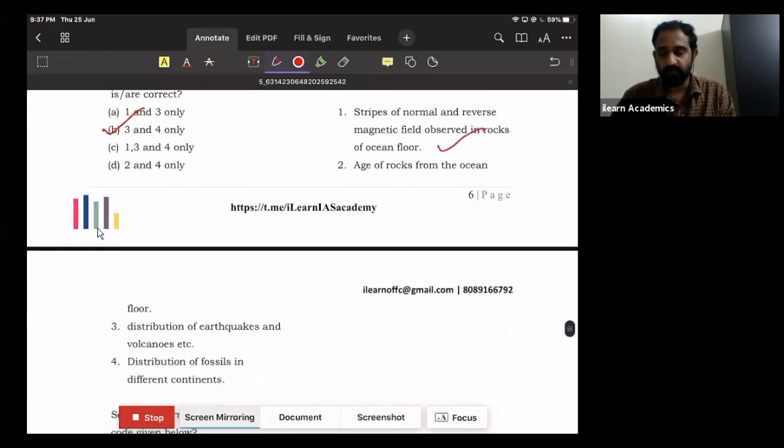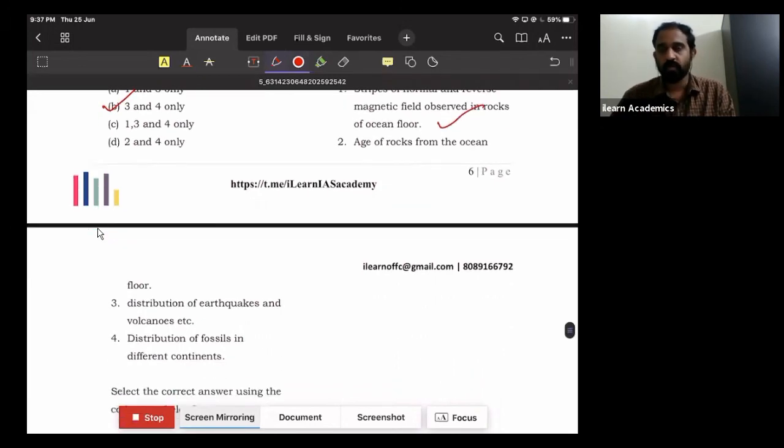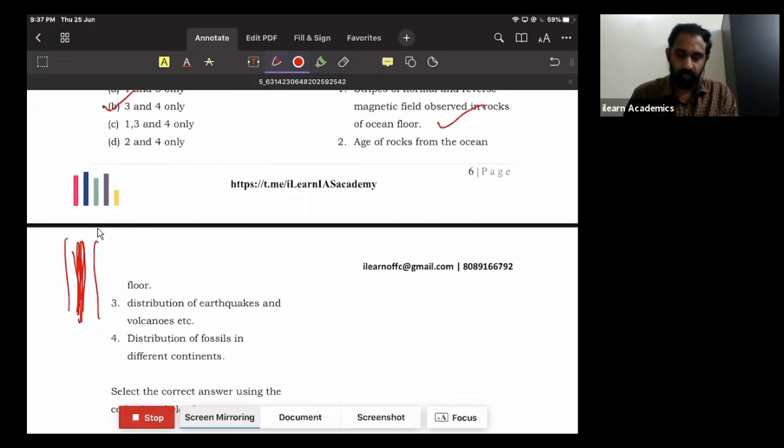Statement 2, age of rocks from ocean floor. So we can see that at the locations of divergence, the new lava will be coming out, and the new landmass will be forming here. New crust will be forming here.